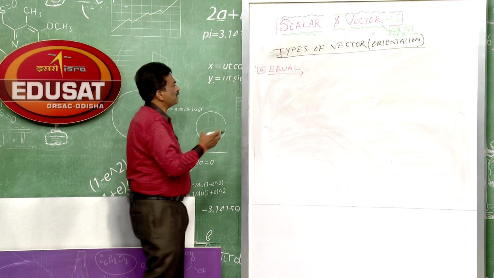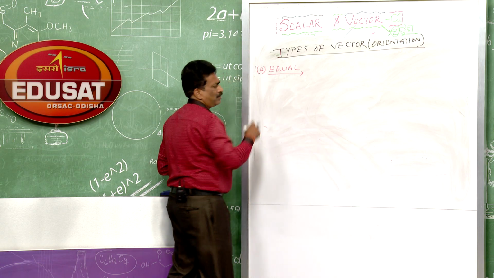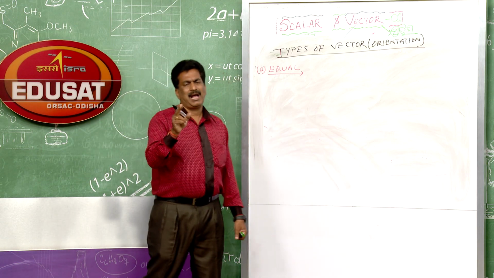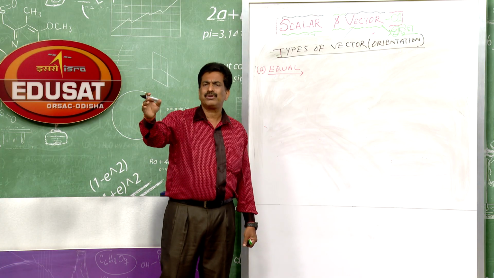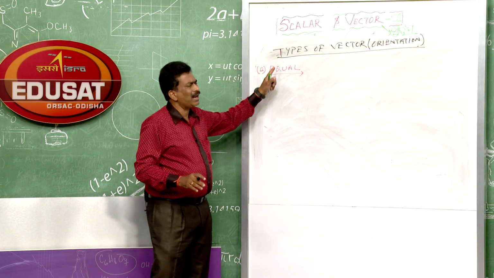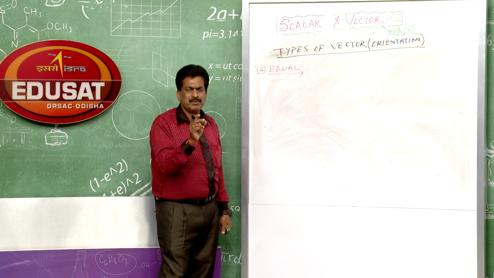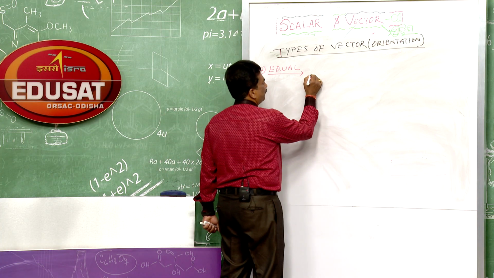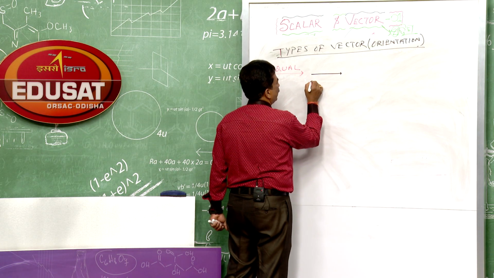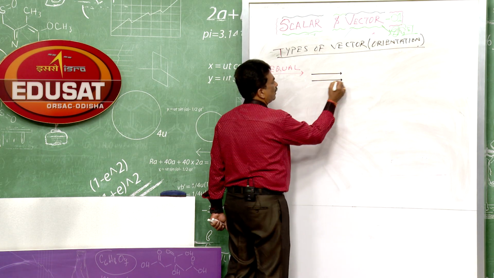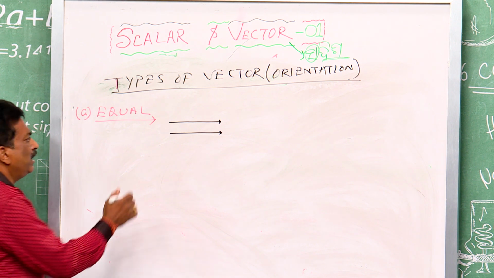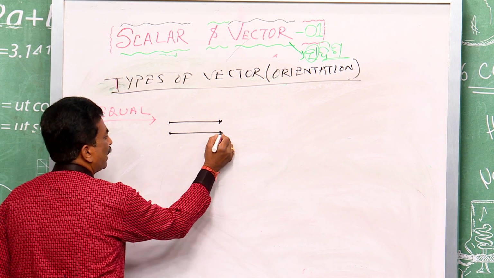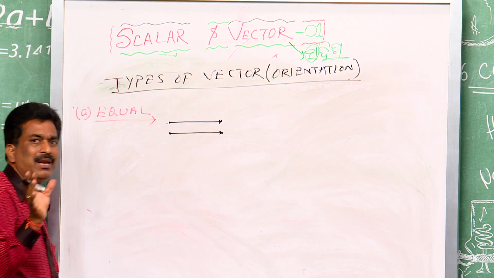So, when the question of equal comes, there must be two things, and it may be more than two. But equal vector means there must be at least two vectors. Suppose this is a vector and this is another vector. Then these two vectors, initial and final, are of the same length.